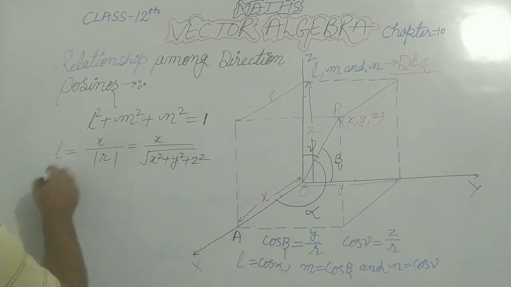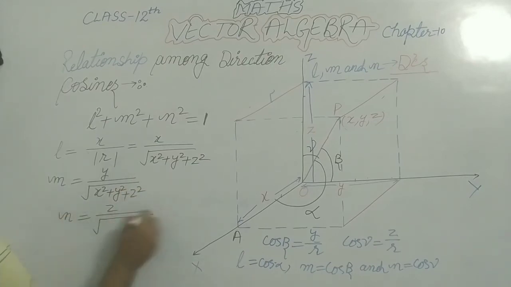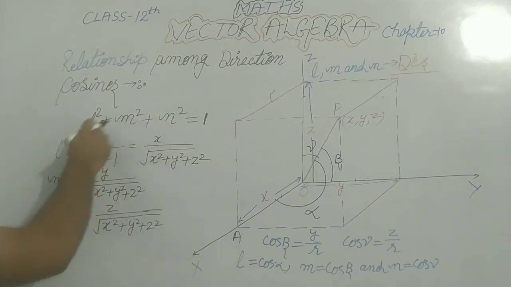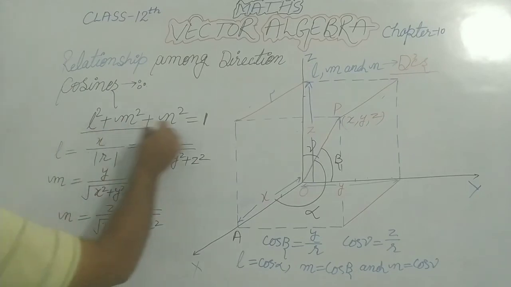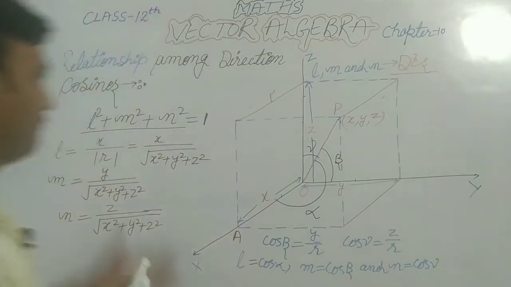Similarly, M is y over under root x square plus y square plus z square, and N is z over under root x square plus y square plus z square. If we put these values in LHS, we can easily get the value of RHS.